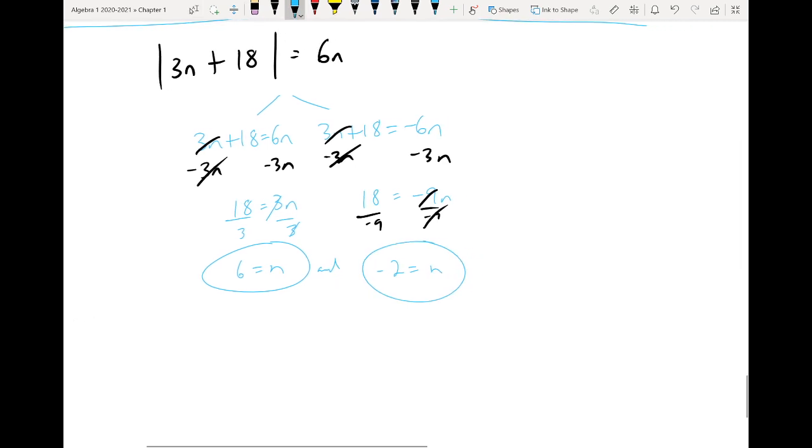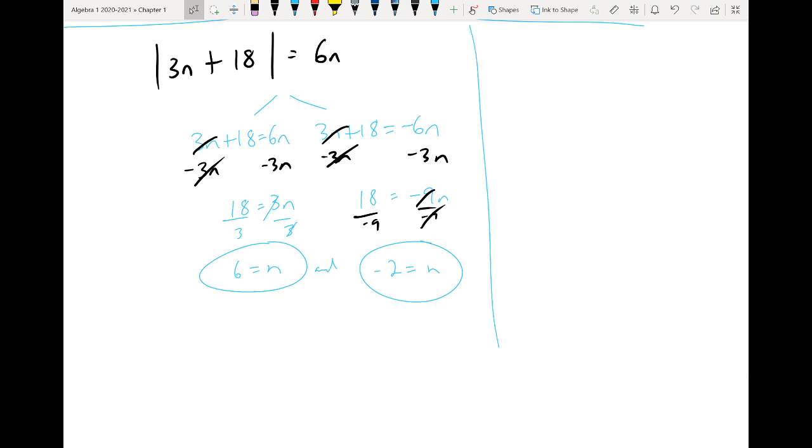Now, here's the check. Let's make sure that it works. And I'm going to show you guys right here that the first one is going to be okay, right? Absolute value of 3 times 6 plus 18 is equal to 6 times 6 when I substitute all of those 6's in for n's. So in other words, I have the absolute value of 18 plus 18 is equal to 36, right? 6 times 6.